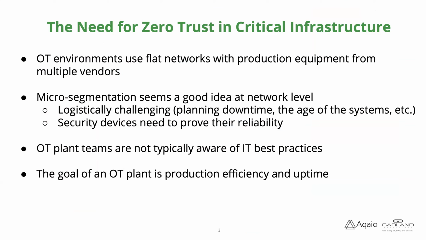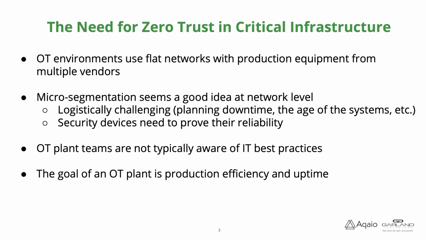We've got planning the downtime, the age of the systems that are in place, and the different architectures in place. There is also a big concern that the security device we're looking to put in there also needs to provide and prove its reliability.